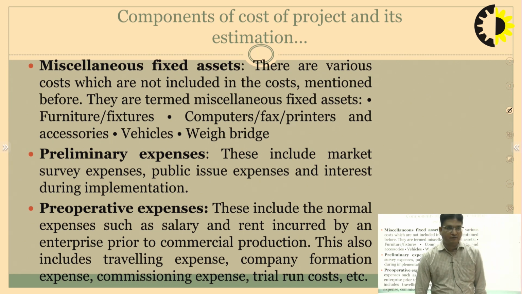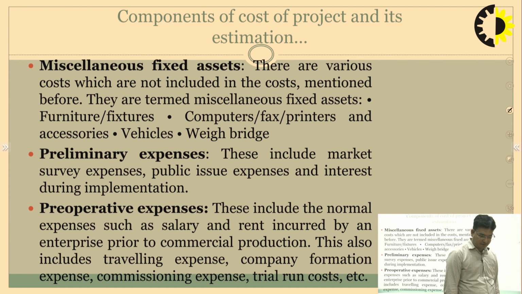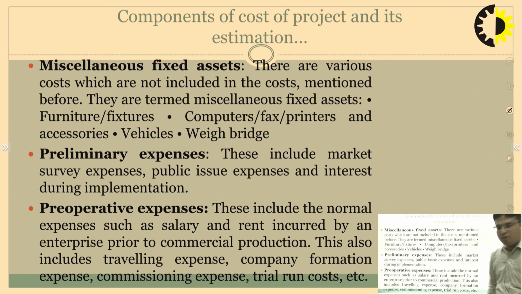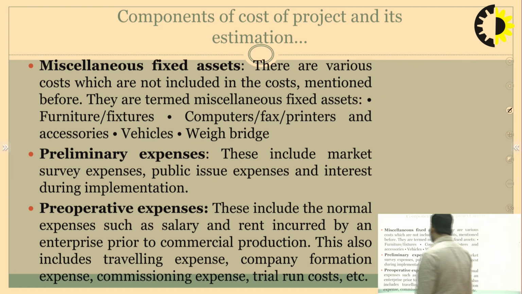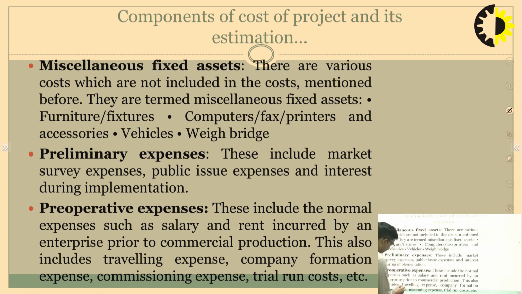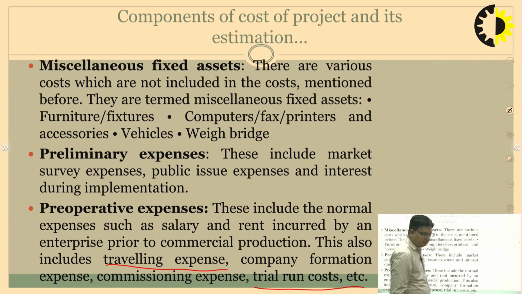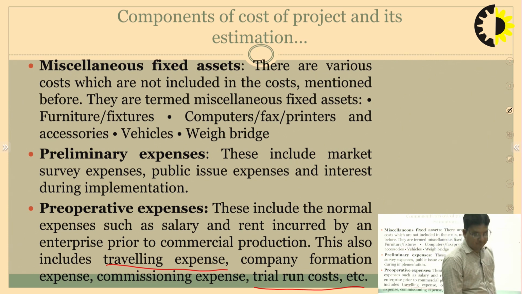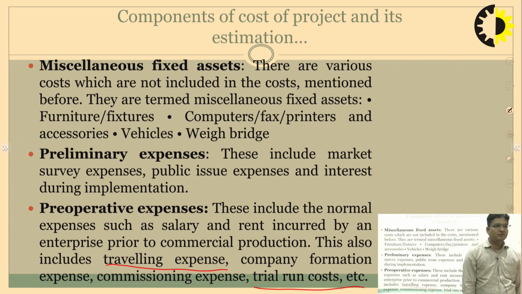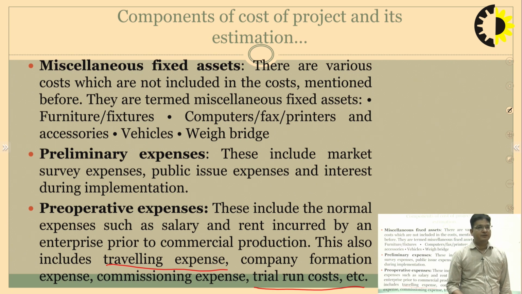So, these are the different expenses that are covered in pre-operative expenses. And the foremost among them is travel expenses, an essential component, and the trial run cost is also an essential expense which must be taken care of in pre-operative expenses, and we need to have proper budgeting of all these things.